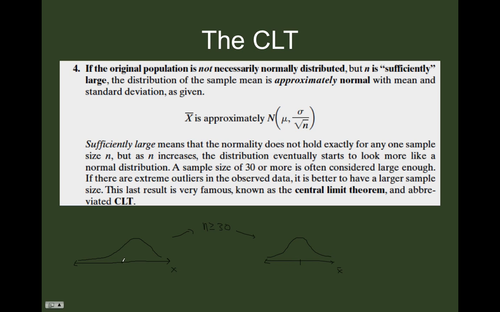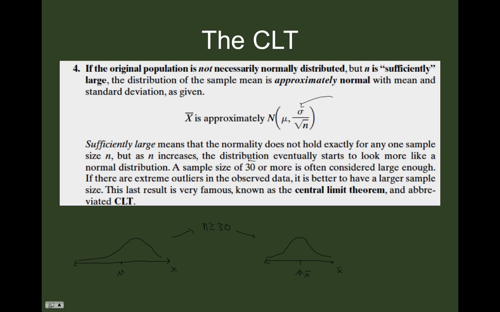Now again, even a skewed distribution has a population mean, so those population means are going to be the same. It's just that X bar is approximately normally distributed, and we make the same adjustment to the standard deviation.